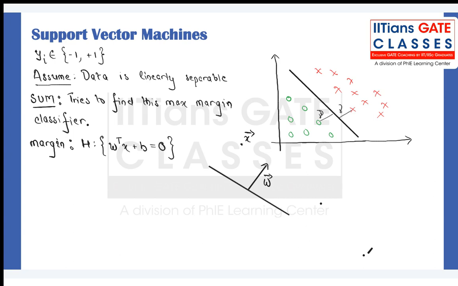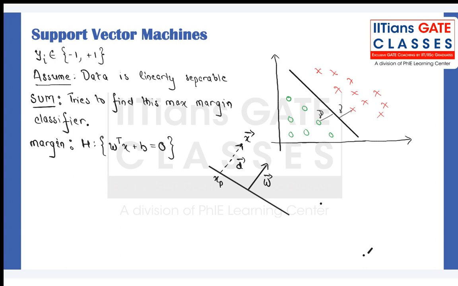Now let's project this point X on the hyperplane. Let's call it Xp, the point projected on the hyperplane. And d denotes the projection vector, that is this vector.